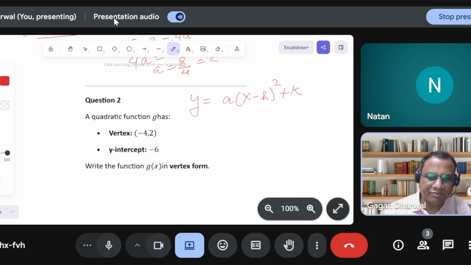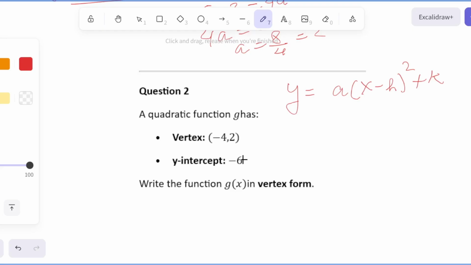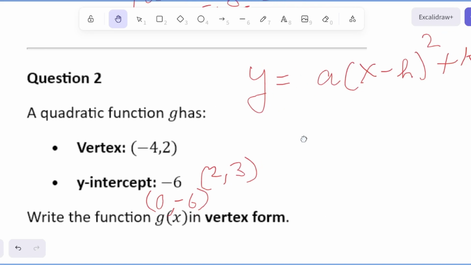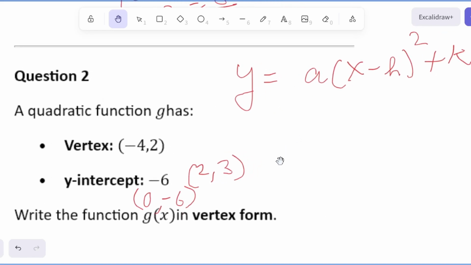With the help of this information, we need to find the equation in vertex form. See, the y-intercept is given as minus 6. In some questions, they may give you some other coordinate, like it passes through the point (2, 3). Same thing. Here, the point is (0, minus 6), right? It can be any other point as well. So the same steps follow.